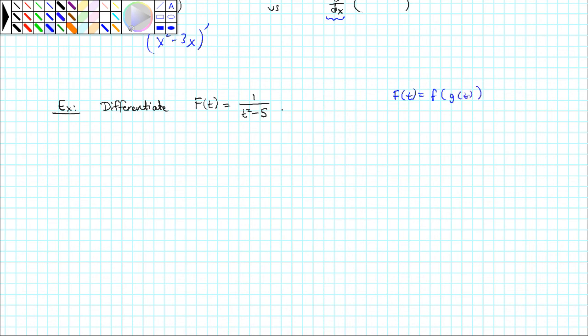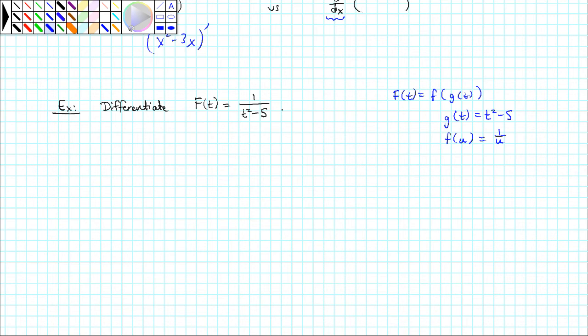Here the inside function is g of t equals t squared minus 5, and the outside function would be f of u equals 1 over u.